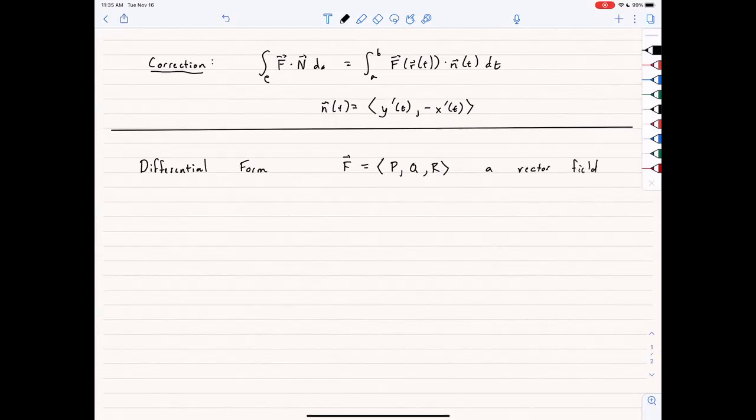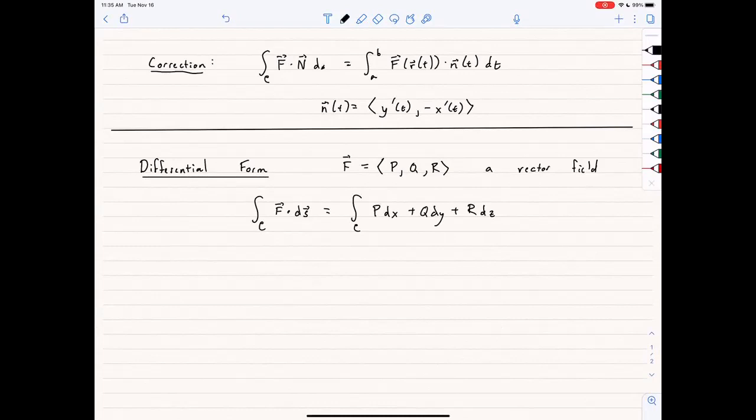Sometimes, rather than writing the vector line integral like this, there's an alternative way of writing it: you write P dx plus Q dy plus R dz.